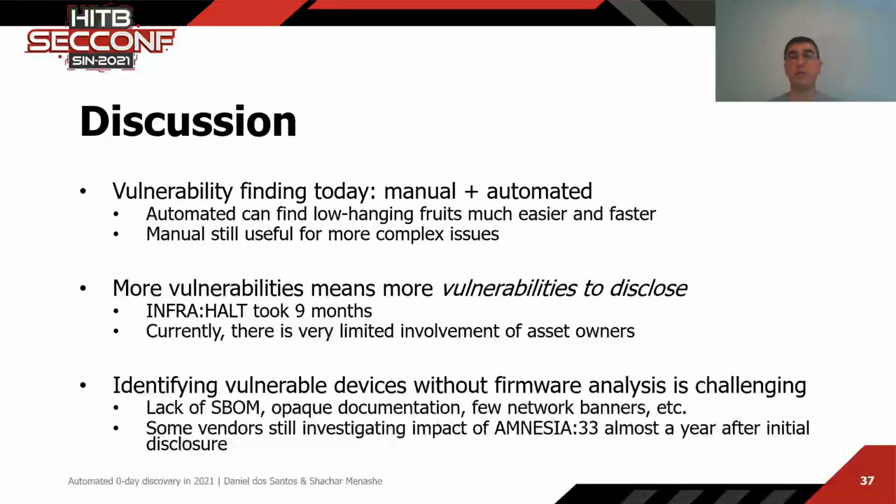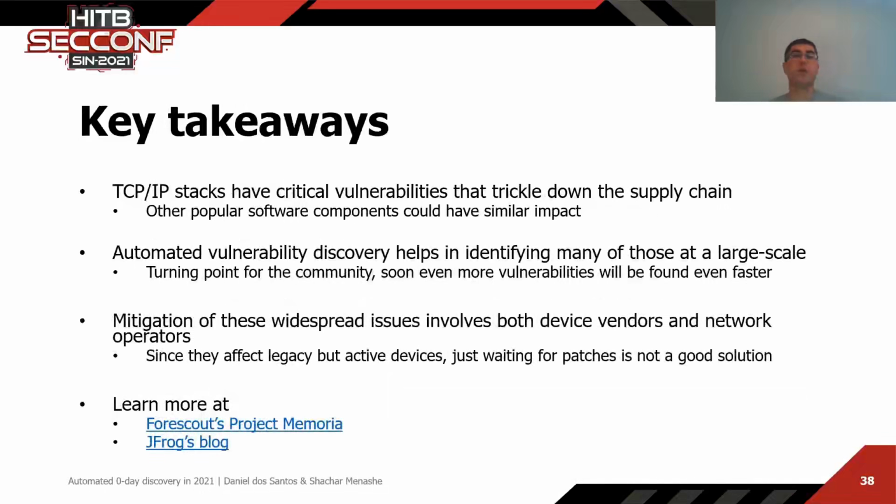We have been talking a lot about TCP/IP stacks, but you can also think about things such as DNS clients that are not attached to a TCP/IP stack, or web servers, or any sort of software component, or different types of SDKs in IoT, for instance, that are used by several vendors at the same time, right?